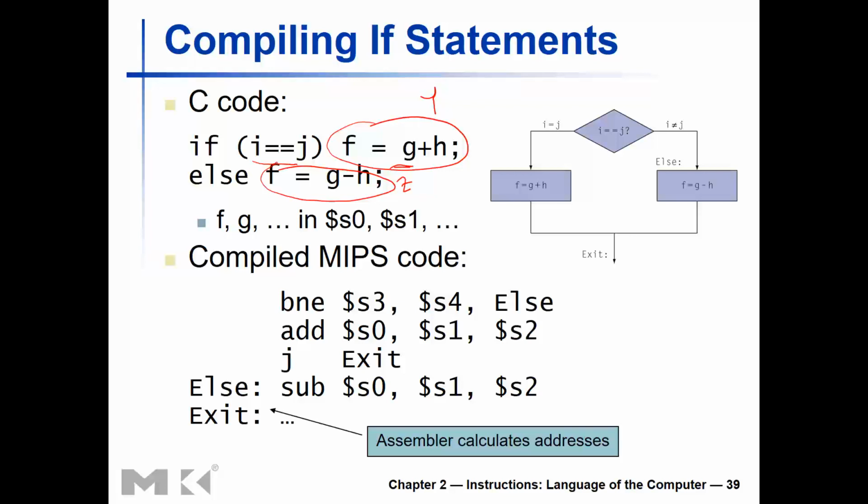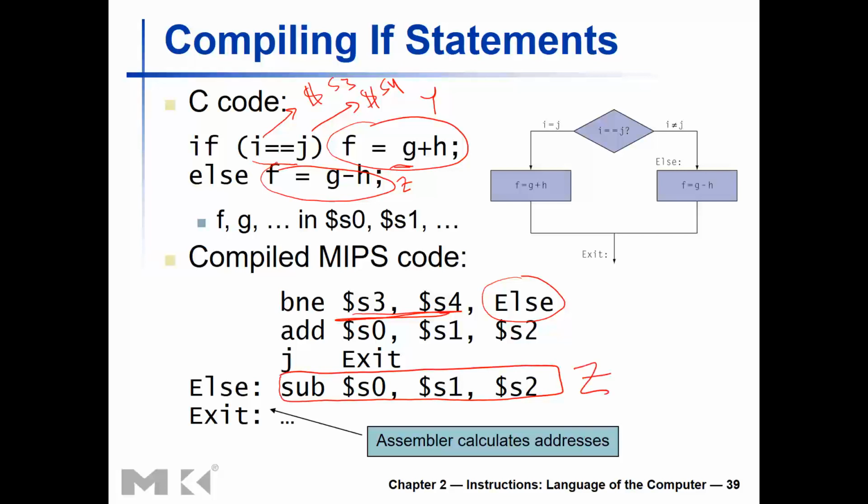in our MIPS instructions? First, I'm going to assume that i is saved in S3 and j is saved in S4. I'm going to check on S3 and S4 if they are not equal. If they are not equal, then I'm going to jump to the else, which is the z section, right here.